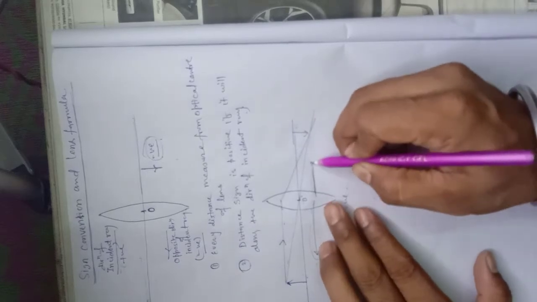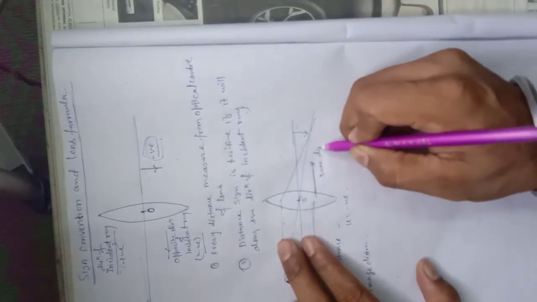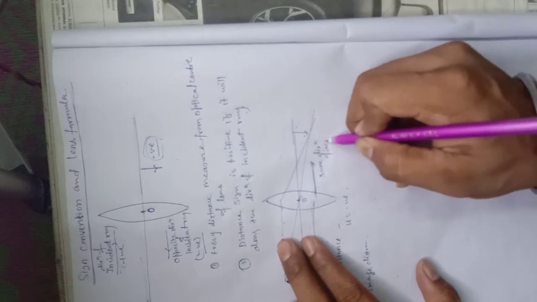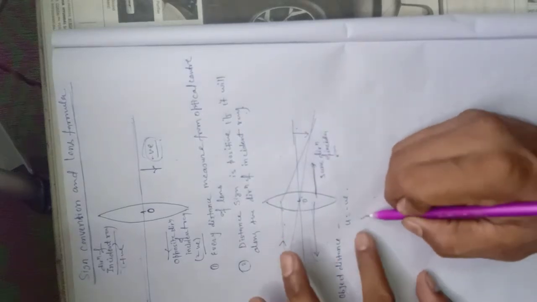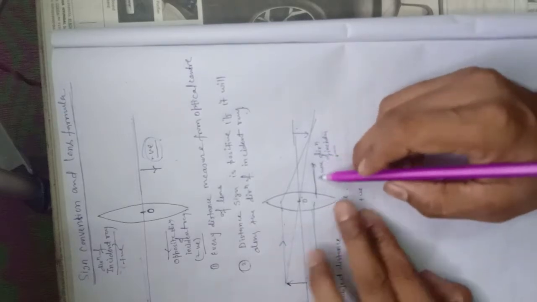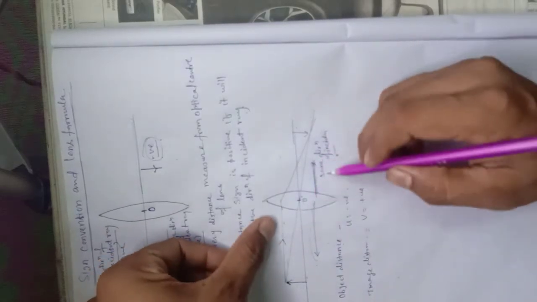So it goes in the same direction as the incident ray. So here the image distance is positive.